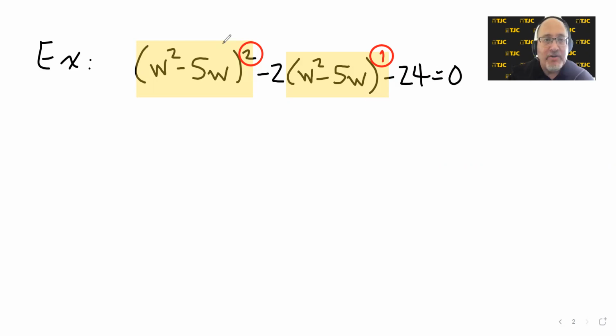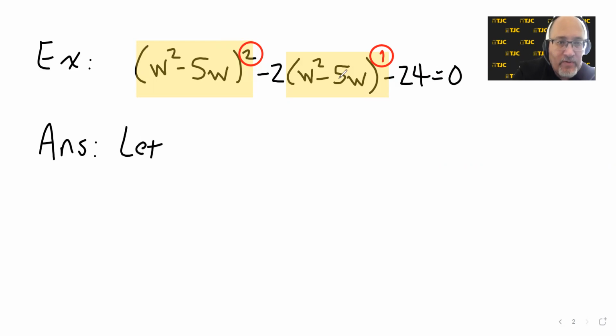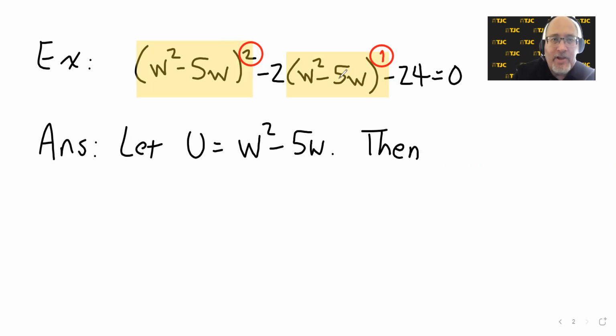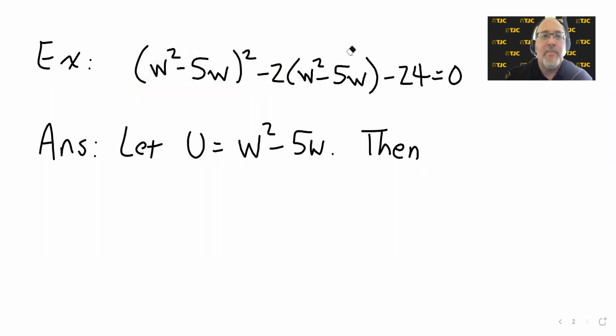So we're going to start by letting u equal the part in parentheses, which is w² − 5w. Then that gives us the following equation. The part in the parentheses, the part that matches everywhere, the w² − 5w, all of those will become the letter u.